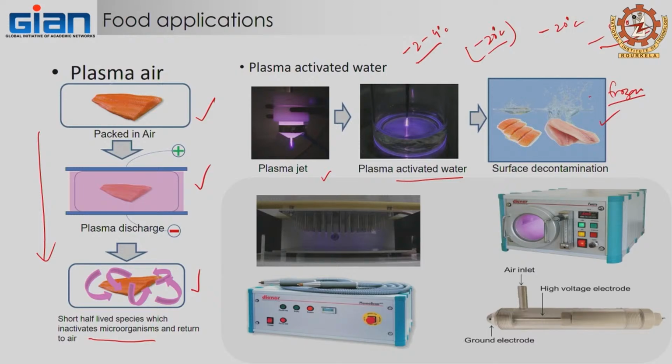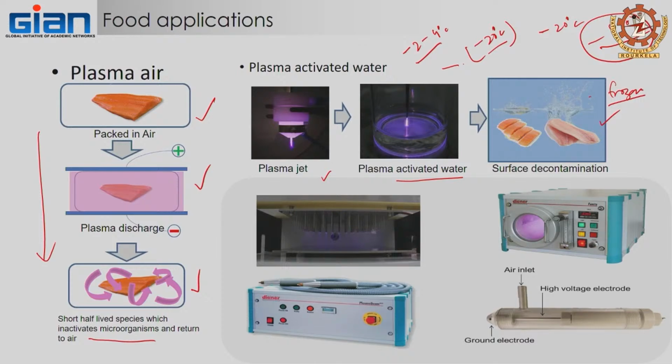Ice will be formed on the surface of the fish. There will not be any microbial inactivation. You do not have to keep it at -20 degrees Celsius, because every 1 degree Celsius reduction involves cost. -80 you keep only when you are talking about compounds which are highly sensitive to temperature, or DNA, or those required for medical applications or certain specialized applications. So that is called super chilling.